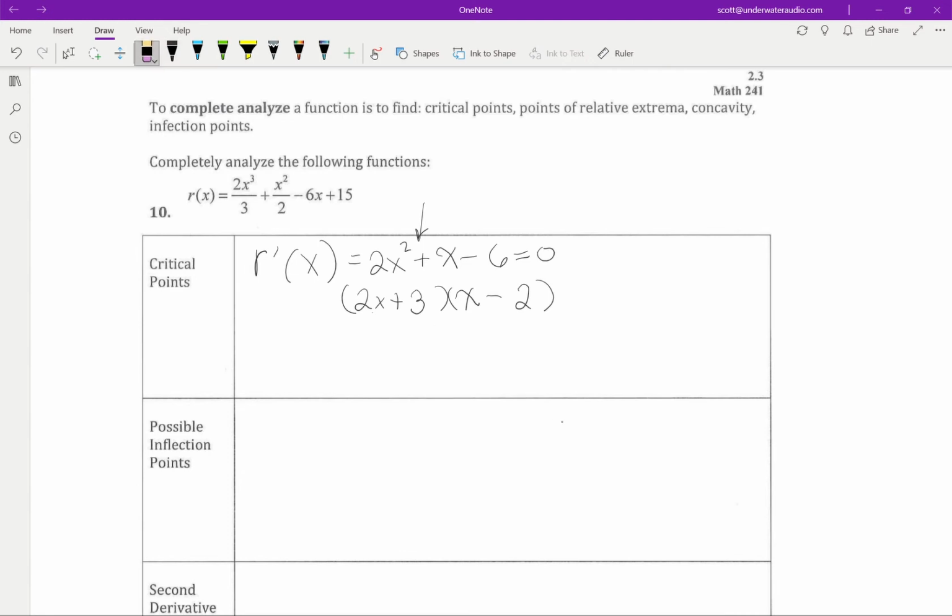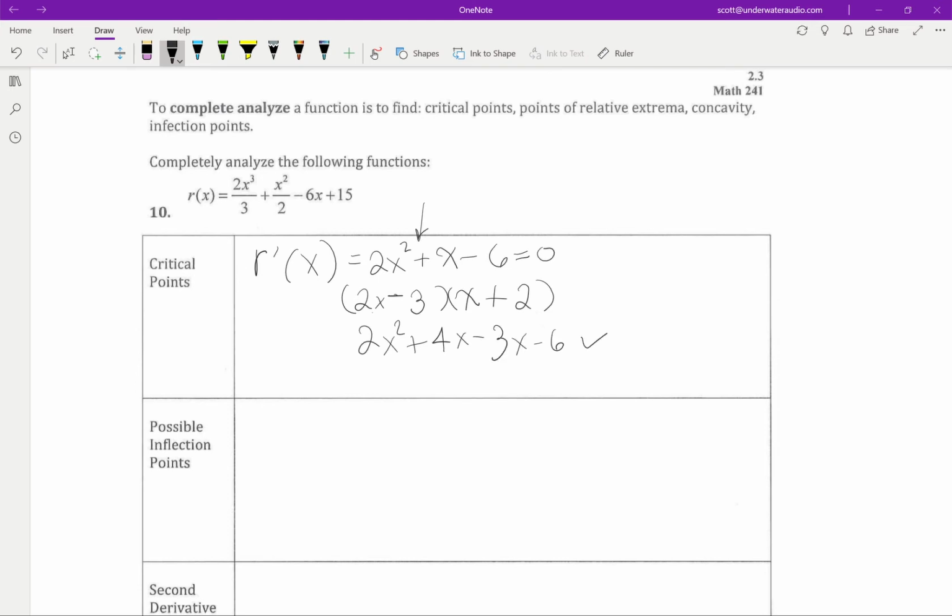I'm pretty confident that it will, but I always feel like it's a good idea to multiply it out and check. So a minus there and a plus there. So 2x times x is 2x squared. And then 2x times 2 is a plus 4x. Then minus 3x, and that is looking much better.